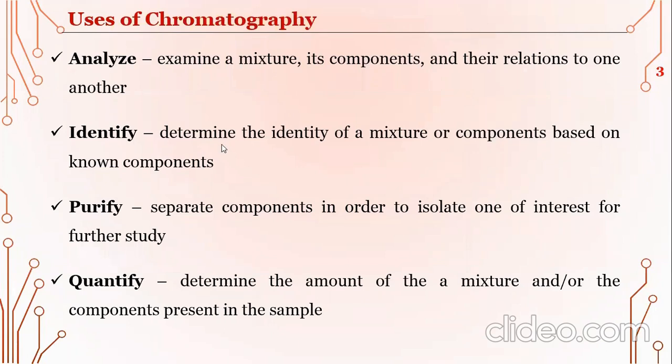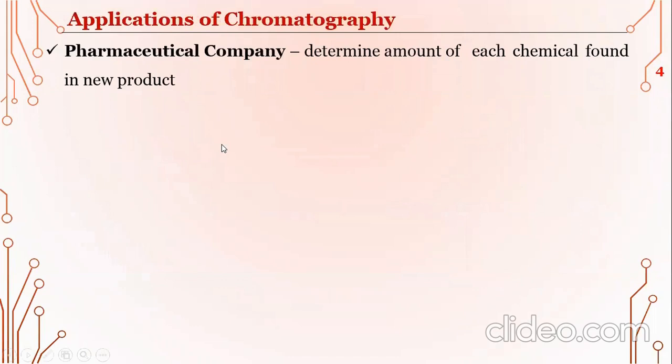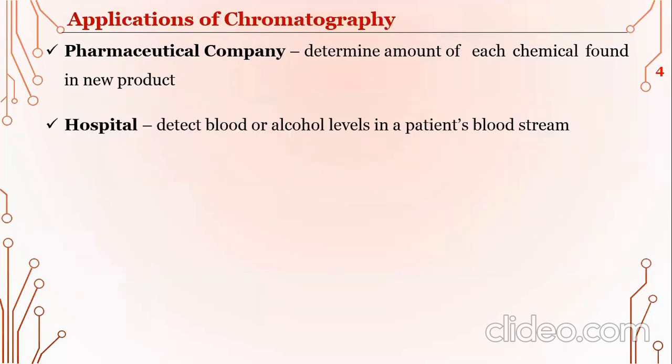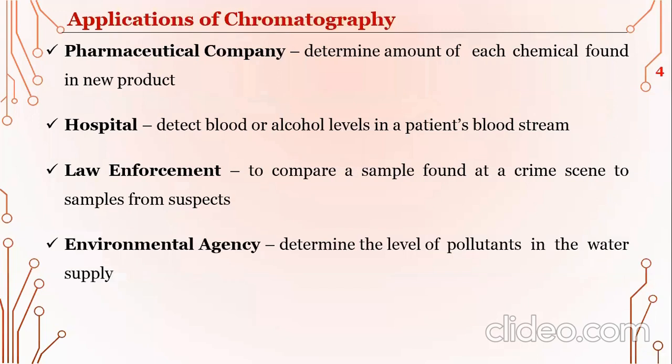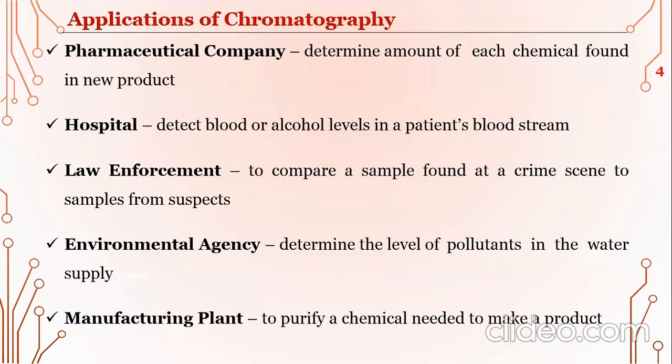And these are the uses and applications: in pharmaceutical companies to determine the amount of each chemical found in a new product, in hospitals to detect blood alcohol levels in a patient's bloodstream, in law enforcement agencies to compare a sample found at a crime scene to samples from suspects, in environmental agencies to determine the level of pollutants in the water supply, in manufacturing plants to purify a chemical needed to make a product.